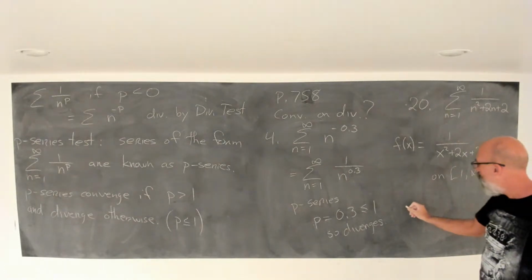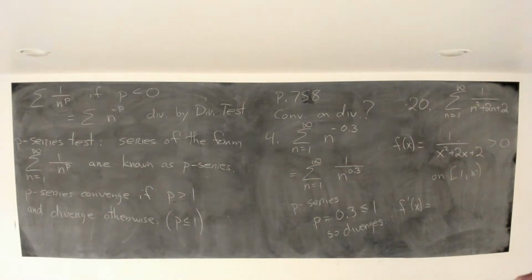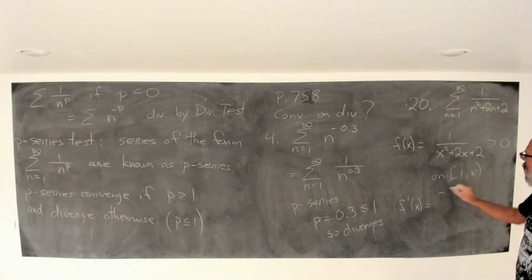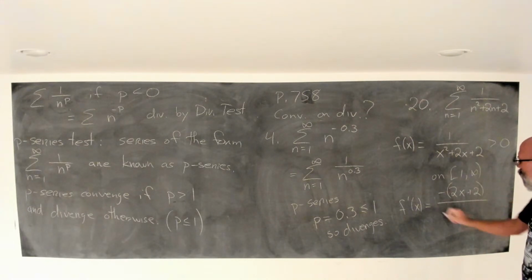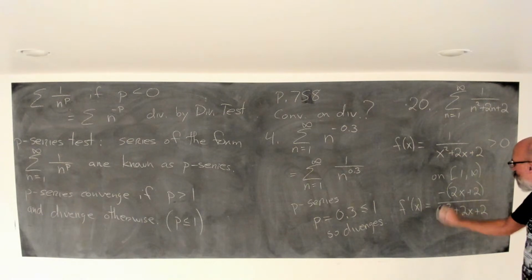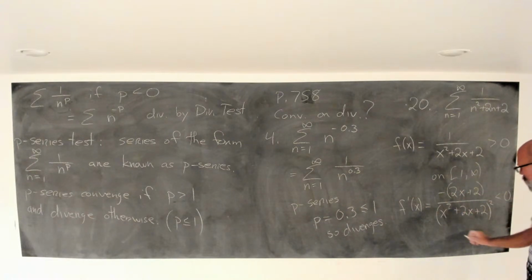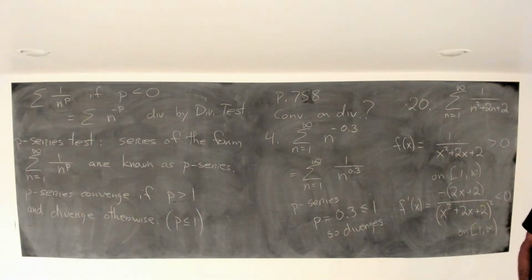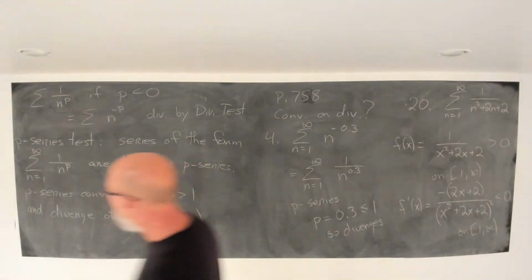And if you take the derivative, this is easily seen to be minus 2x plus 2 over x squared plus 2x plus 2, squared. Denominator is positive, numerator is negative, so this is less than or equal to 0 on the interval 1 to infinity. So continuous, positive, decreasing, we're good to go.